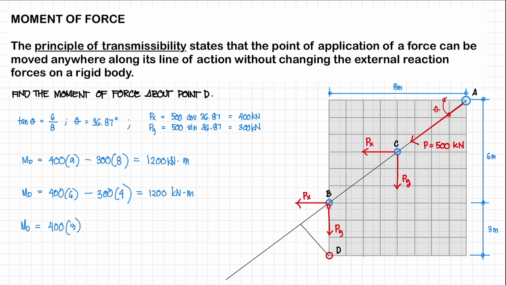And since our Py is going to be concurrent with point D, we don't have to consider that for the computation of the moment about point D. So we only need to consider 400 times 3, which is again equal to 1,200 kilonewton meter. This is positive because it is rotating in a counterclockwise rotation. That is just our assumed positive direction for this problem.